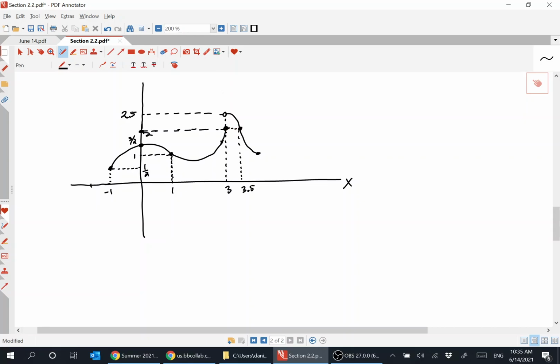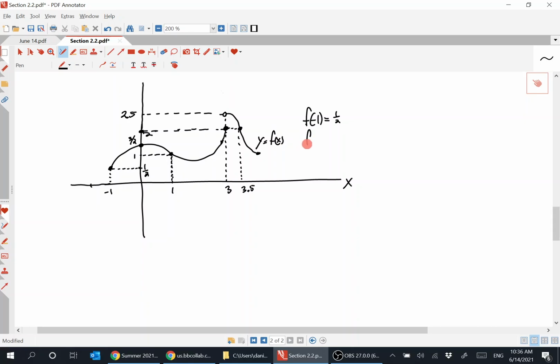Okay, so on this curve, f of minus 1, you go vertically to the function, and then you go horizontally to the y-axis, and you get a range value. Oh, sorry, you have to call the curve y equals f of x. So we're looking at the function defined by this curve. So f of minus 1 is equal to positive 1/2.